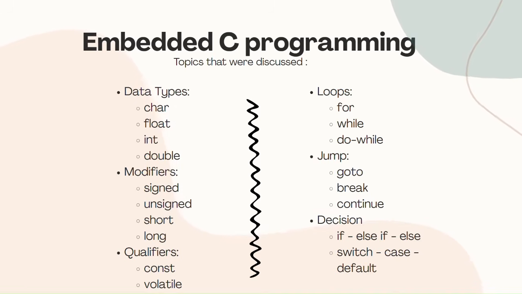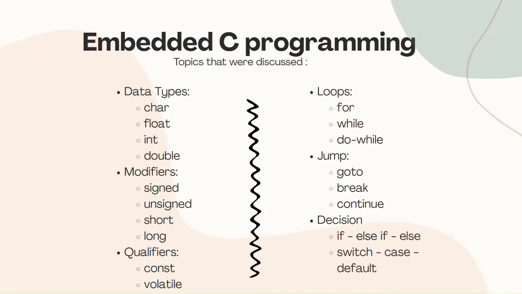Jump statements are nothing but the statements that are used to take the control from one part or block of the code to another. We learned about the usages of various jump statements such as goto, break, and continue.